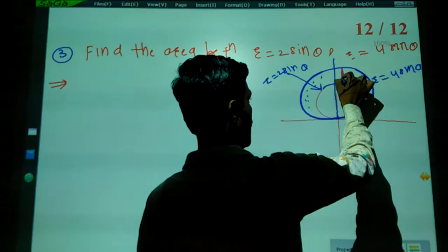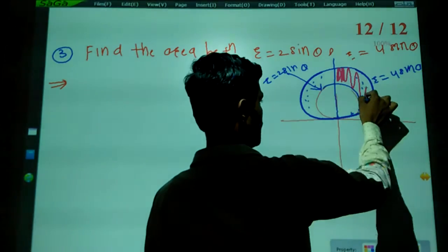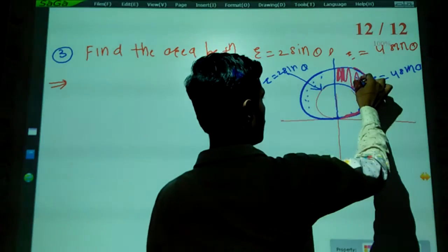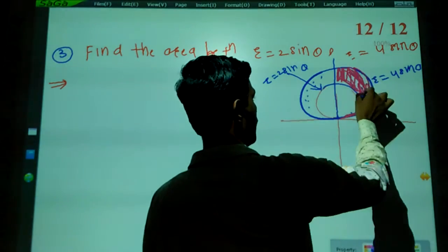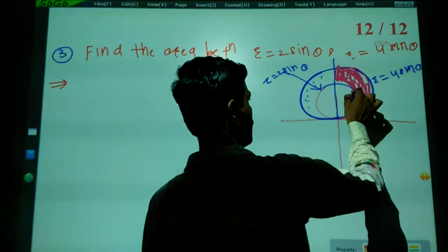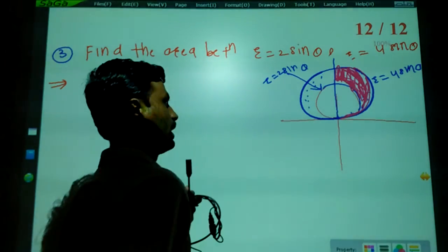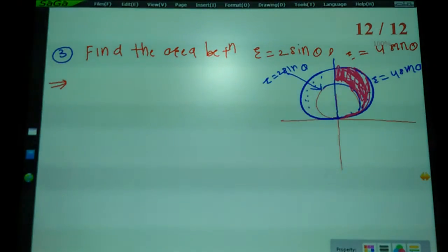So this is the common part. Okay, so this is about the first quadrant. Remember that. This is the common part. And only firstly we will think about the first quadrant. With the help of that first quadrant, we will also calculate the area of the second quadrant by multiplying by 2.